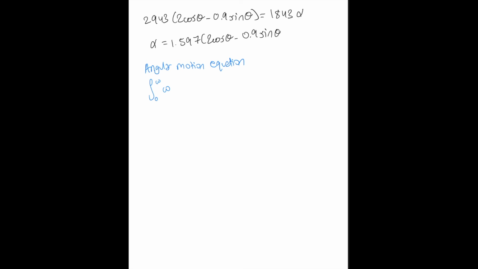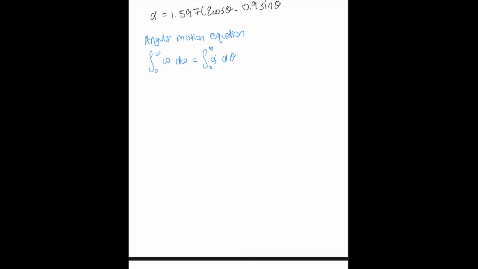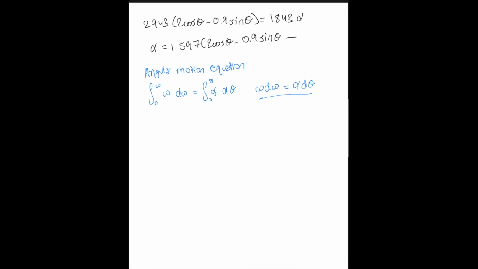We know that the angular velocity integrated by the angular velocity is equal to the integral of the angular acceleration with respect to theta. So omega d omega is equal to alpha d theta. This is one of the angular motion equations. And we're going to use that in our problem to solve for the angular velocity.